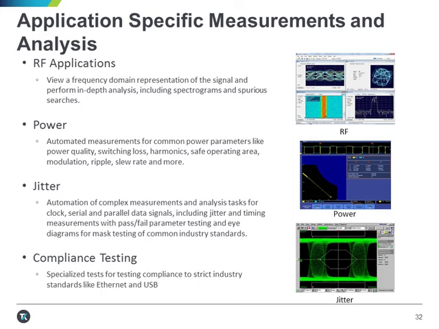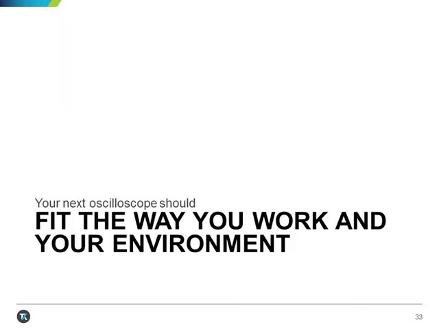Jitter measurements are used to evaluate frequency and phase variations in clock as well as data streams. This type of measurement generally requires really fast sampling rates, high time stability, and long record lengths. So jitter measurements are usually done with the higher end oscilloscopes.